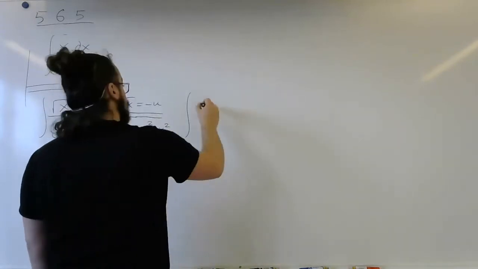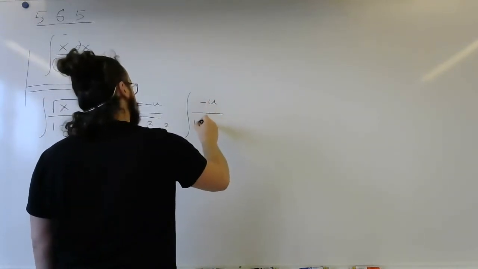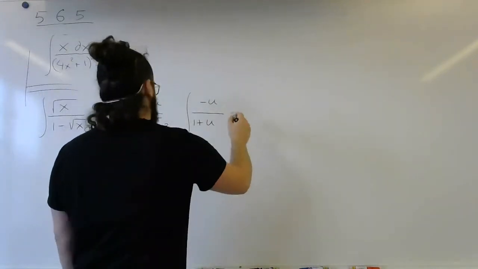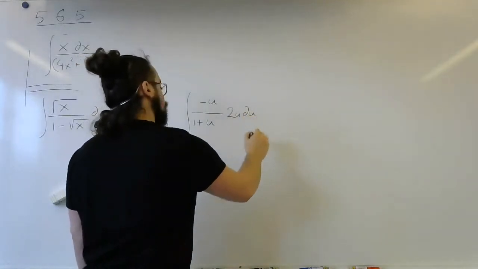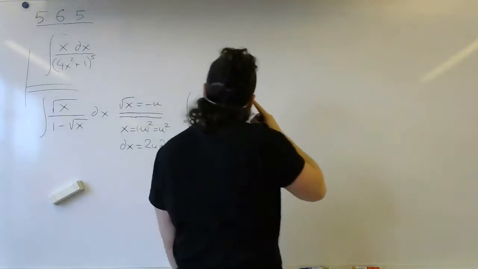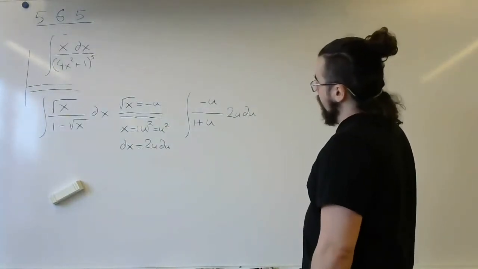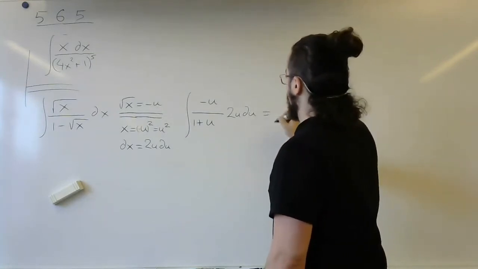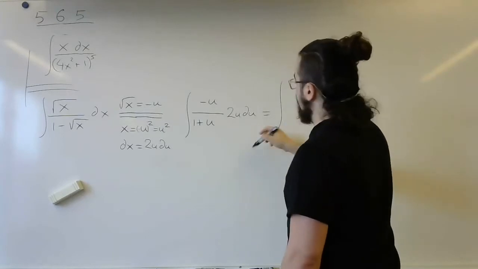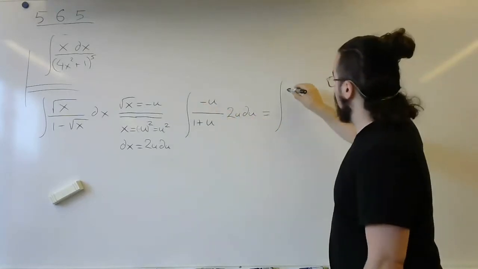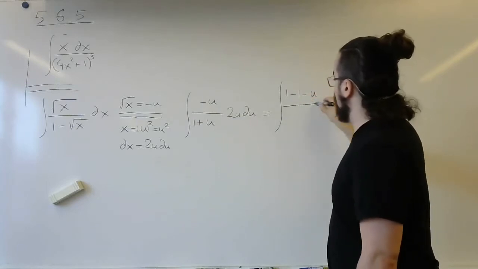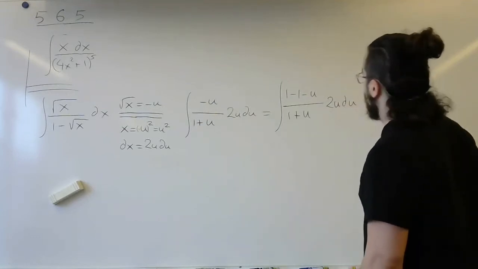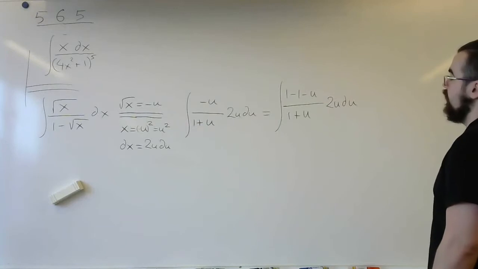And so when we substitute, we get minus u here, 1 plus u, and something of this form. Now, I'm going to do a small trick here, and is add and subtract 1. And let's see what happens here.